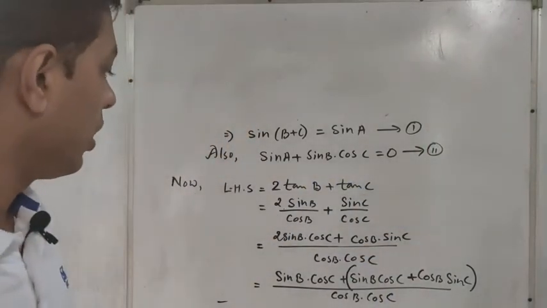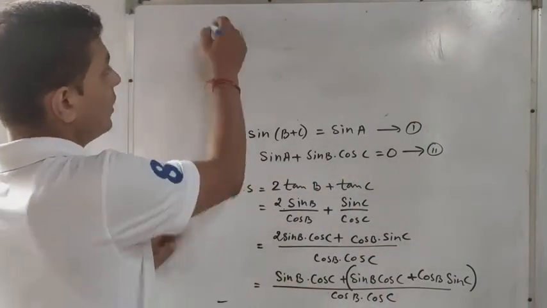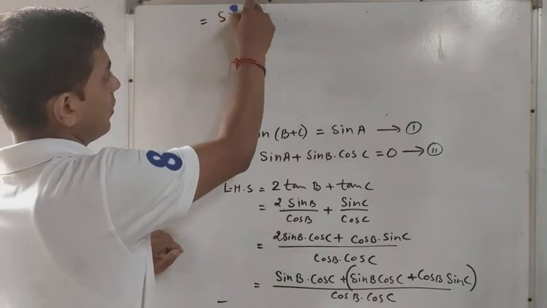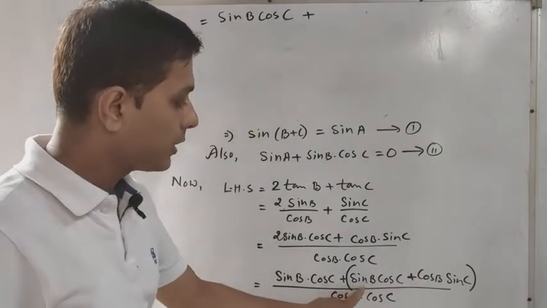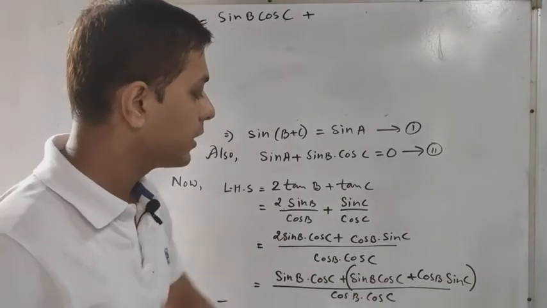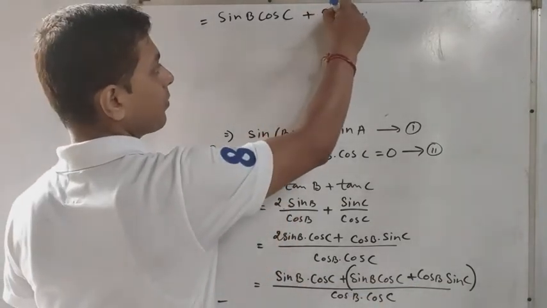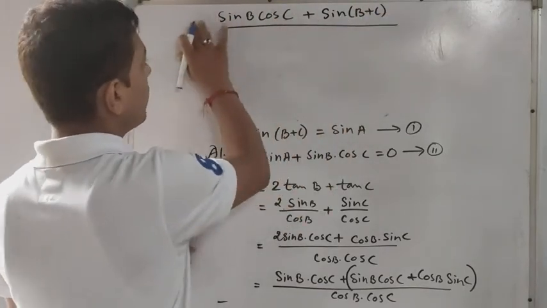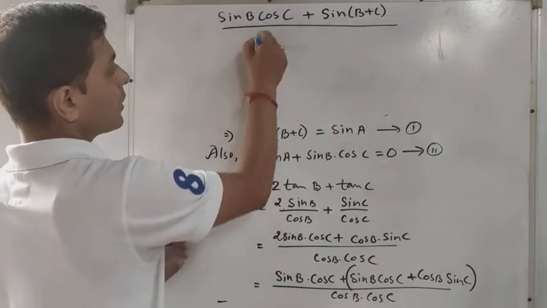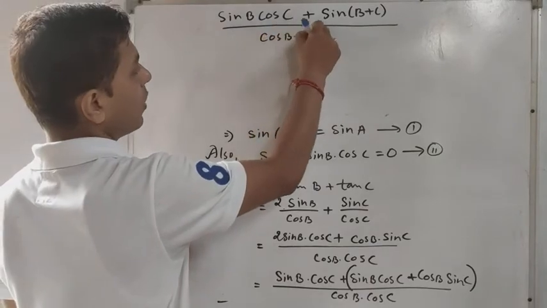Let us do it: sin b cos c plus sin b cos c plus cos b sin c. It will be of the form sin of b plus c. The denominator part is already cos b into cos c.